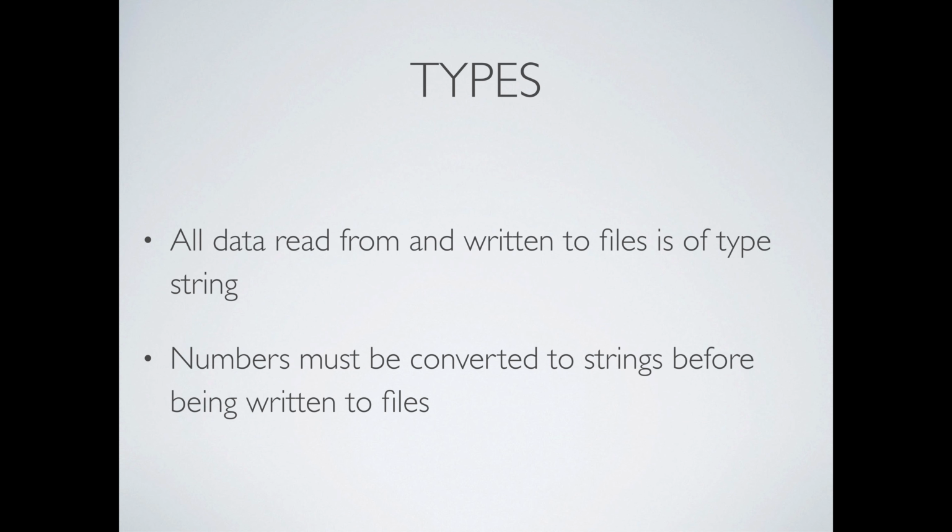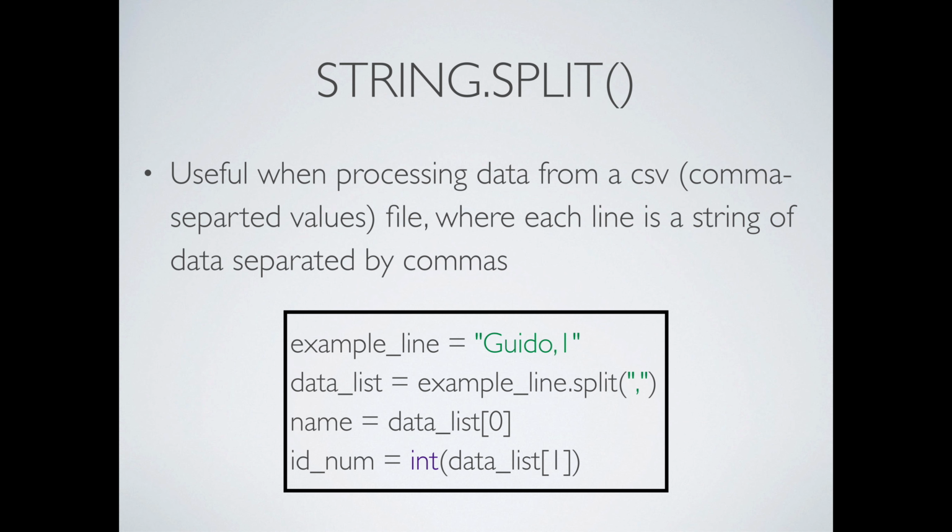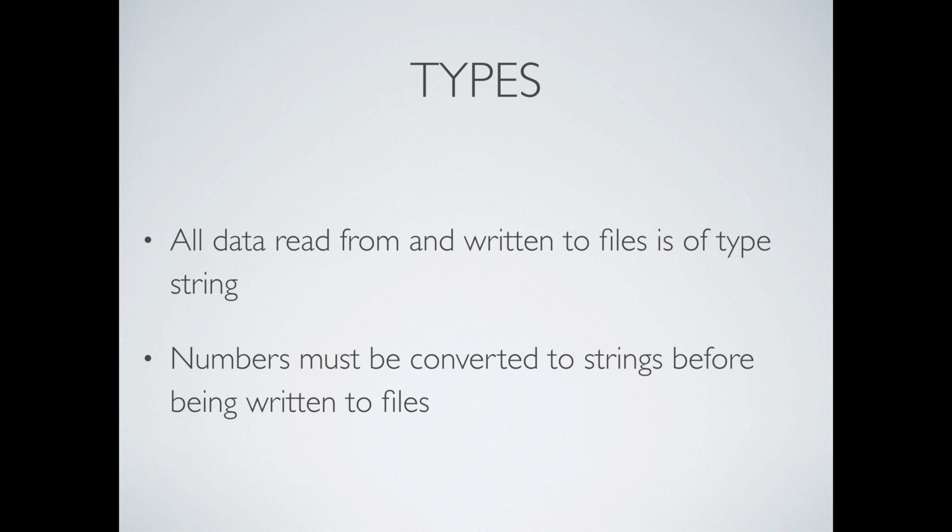So again, all data read from and written to files is of type string. With numbers, you have to convert them to strings before you write them to files. And, as seen in this previous example, when you read them from a file, they're going to be a string, so you have to convert them to a numerical type like int or float before you do number stuff with them. So please do keep those types in mind whenever you are working with this file stuff.